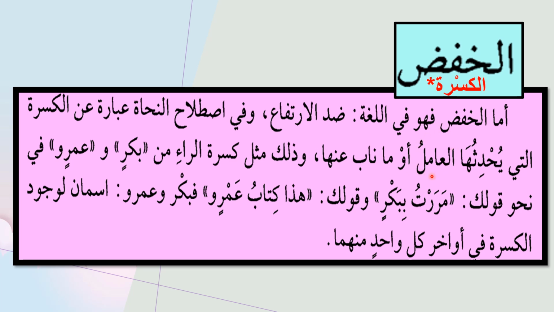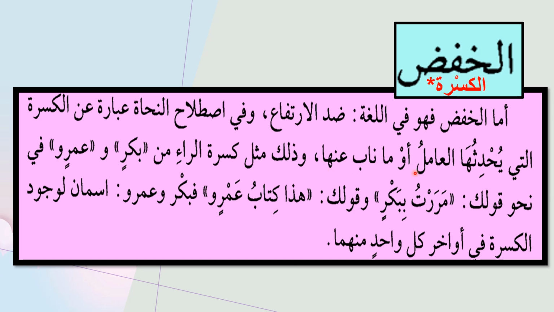So the thing that made a noun take a kasra is known as amil. Or there is another reason, that due to the structure the noun has taken a kasra. So let's see both examples.